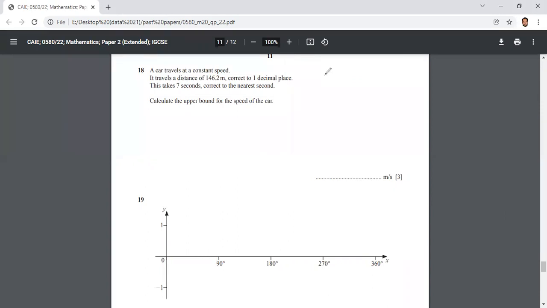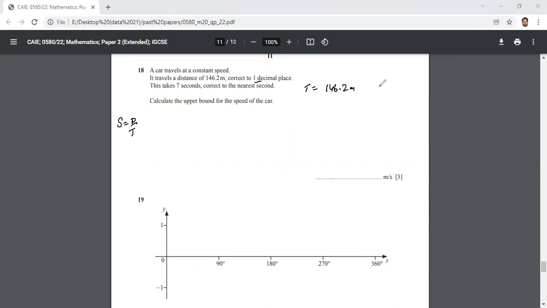So speed is equal to distance over time. Let me write the distance first, 146.2 meters. And this is correct to what? Correct to one decimal place.